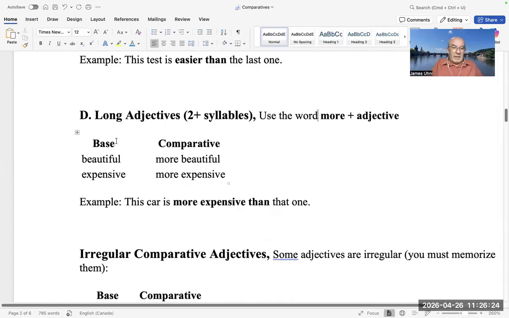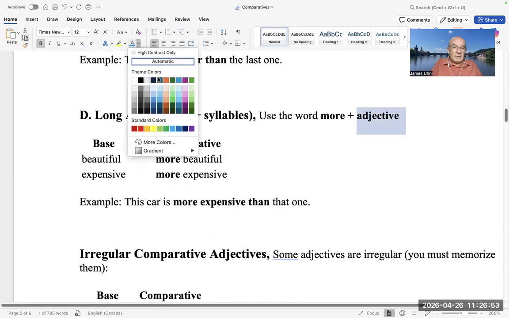So we have base, beautiful, and then we use more beautiful. Expensive, more expensive. So the adjective itself doesn't change. I will put the adjective in a different color.